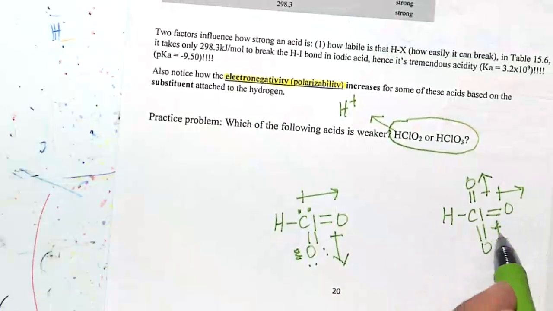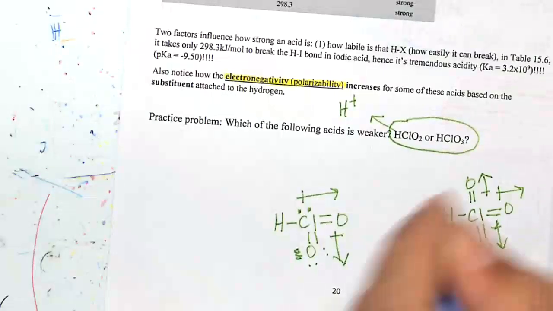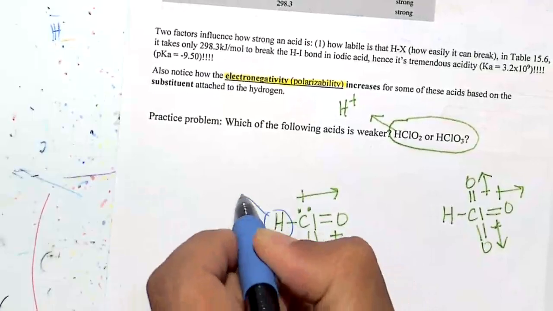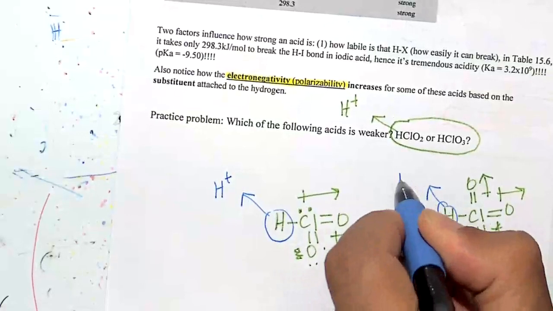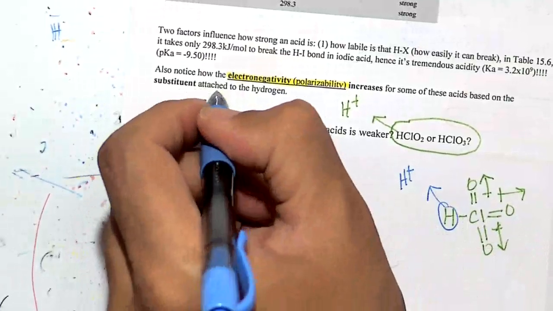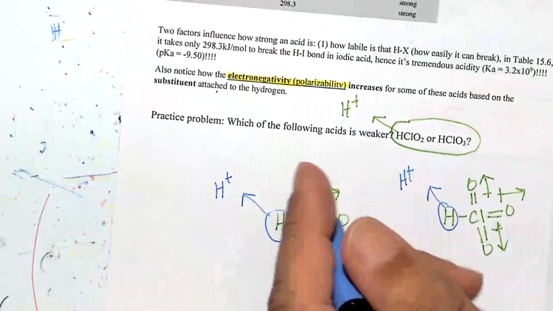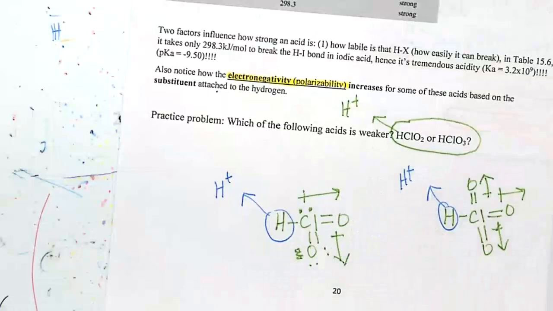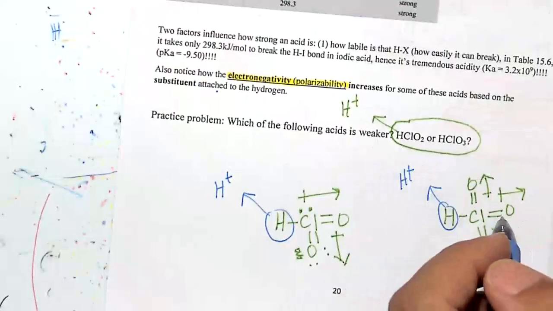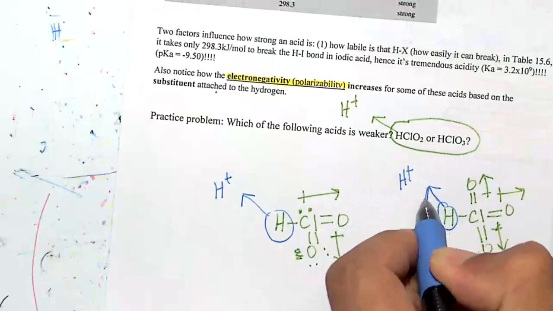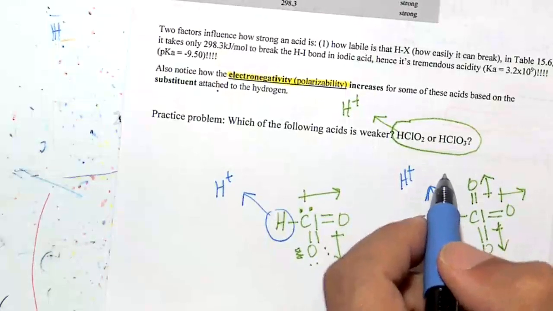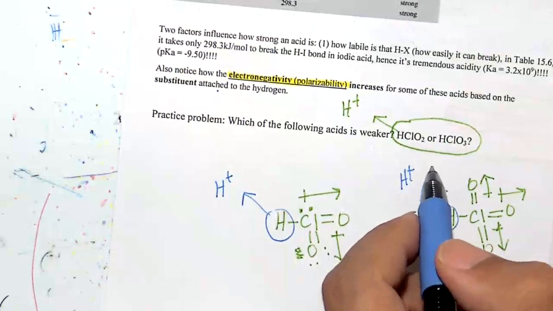If something is pulling this way, this way, in all directions, what do you think is going to happen? This proton will come off easier and easier because electronegative atoms, like oxygen, are vacuum cleaners. They suck up electron density. The more pull on this molecule, the more this comes off as H+.